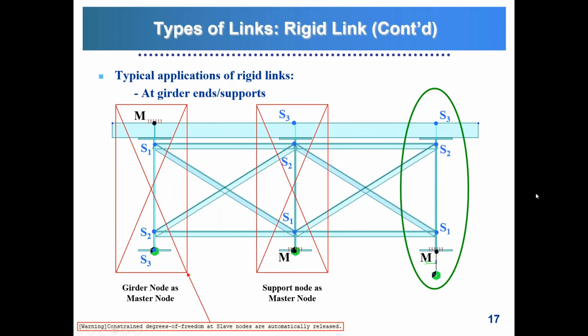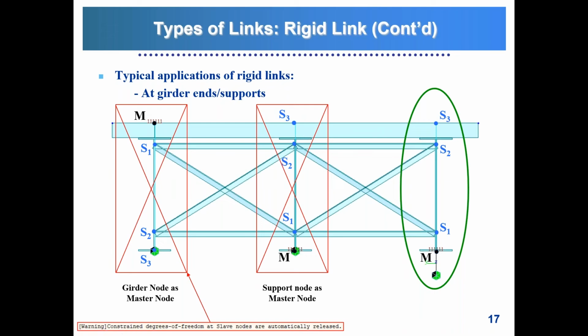Again, the problem with this configuration is that your slave nodes are going to pick up the properties of your master node. That means that this support condition is essentially going to be applied at each of these nodes, which is obviously not what we want.